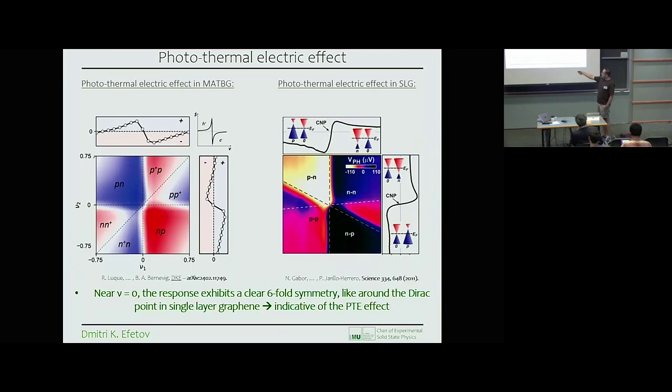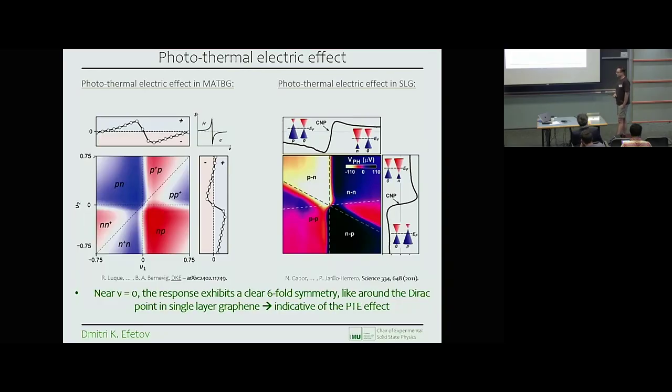The NP region remained strikingly positive, the PN region remained negative, and then in the NN', N'N, PP', and P'P regions we observe sign changes, which is very indicative of a photothermoelectric effect, because from a photovoltaic and other effects, you would not expect this type of sign change in these equal polarity regions.